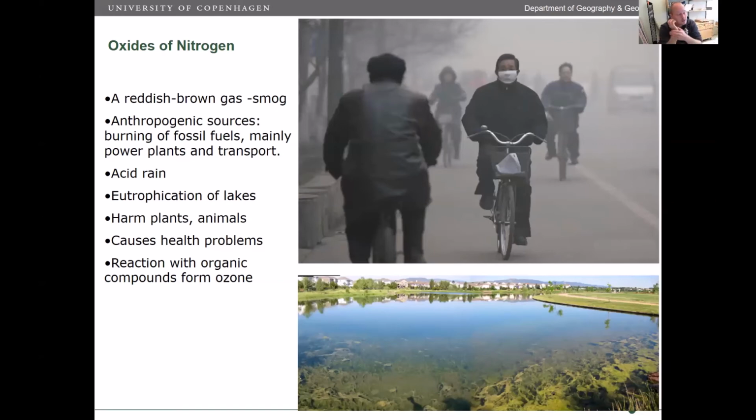But on top of that, nitrogen is a strong fertilizer. So when this nitrogen ends up in lakes and in the oceans, it causes eutrophication, and there will be algal blooming with big impact on the lake and ocean ecosystems, of course.